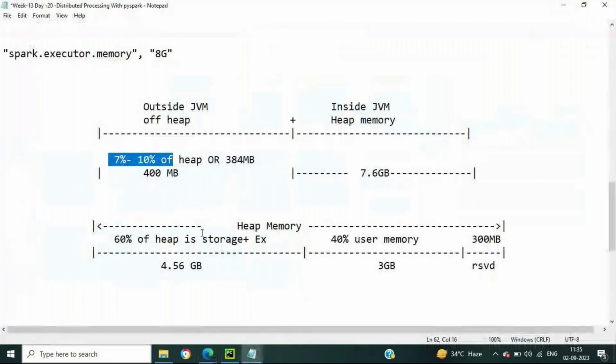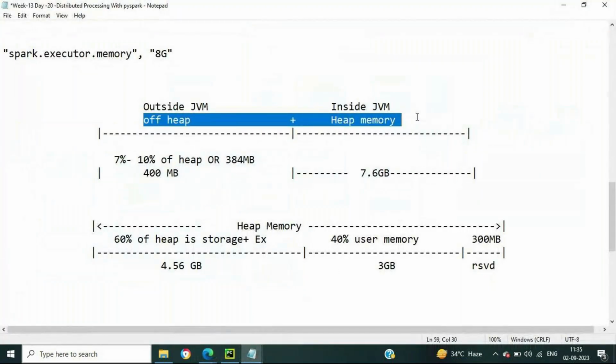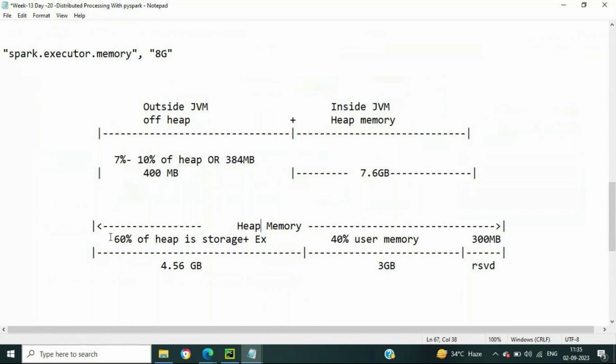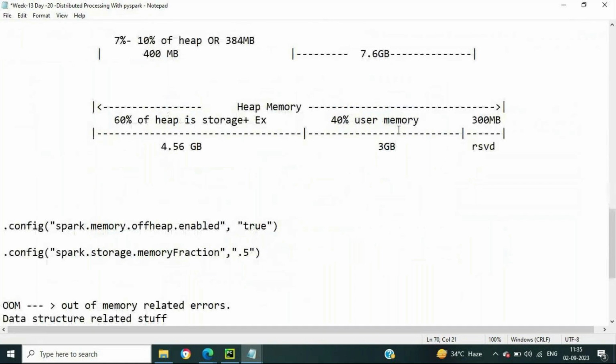So heap memory and off heap memory. Heap memory is further divided into three types of memory: storage, execution, user memory, and 300 MB reserved. 60% of heap is storage and execution. 40% of heap is user memory, utilized for data structures and for out of memory related challenges, rectification.